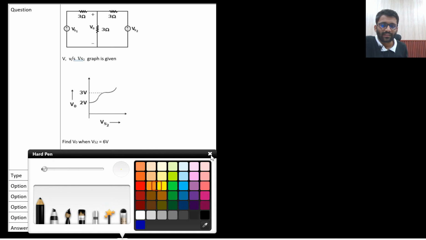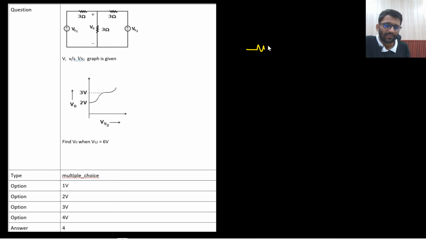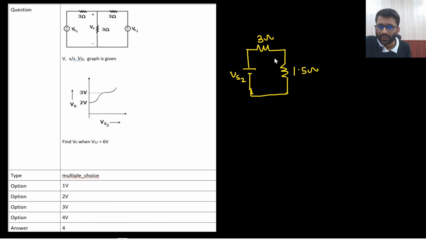So what will be the circuit? 3 ohm. And VS2 is 0, so the both will come in parallel. 3 and 3 will come in parallel. That would be 1.5 ohm. This is your VS2. And what is your V0 at that time? Your V0 is 2 volt at that time.